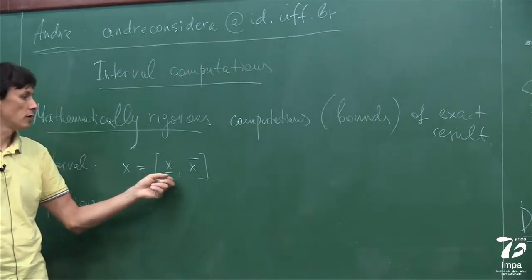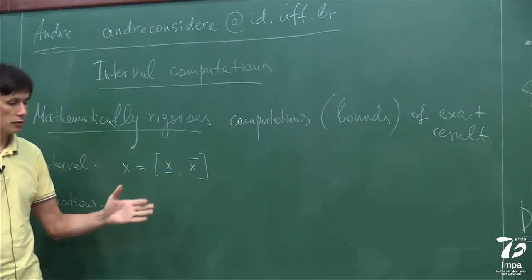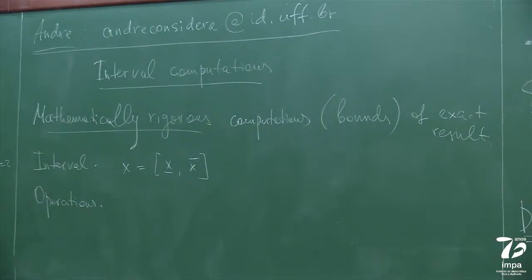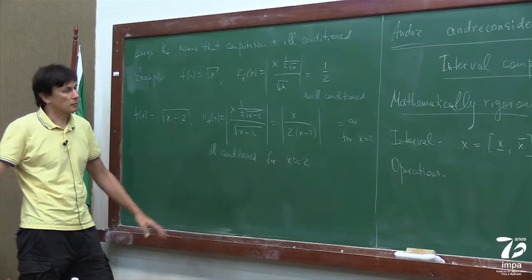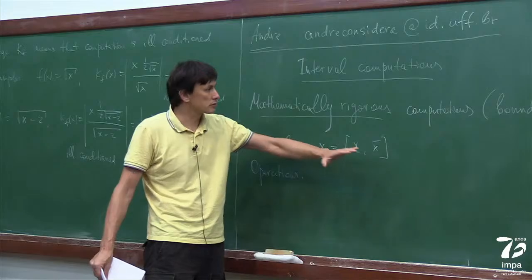You can do this with a finite number of digits. You can give an interval where your value is, and this interval can be as small as you wish if you take more and more digits. So this can be very precise, and it's important that it's rigorous.